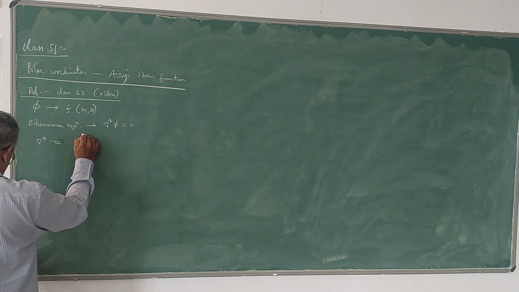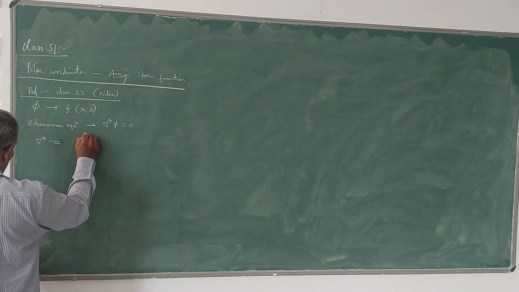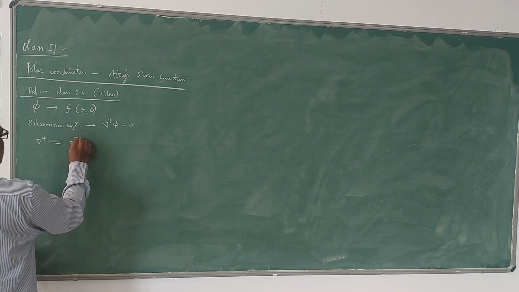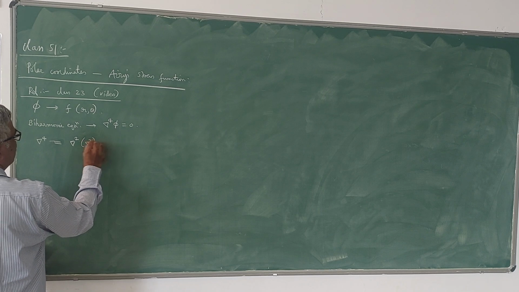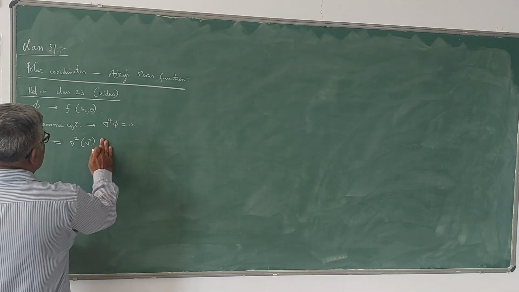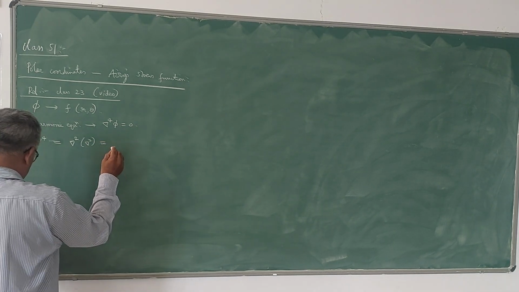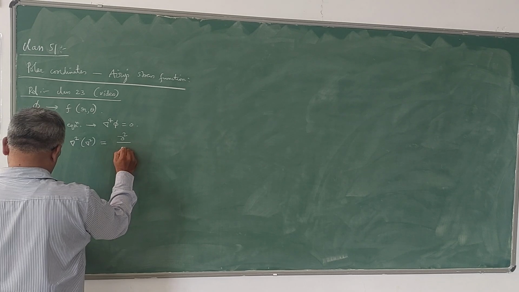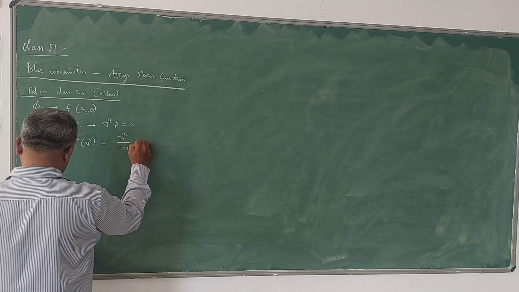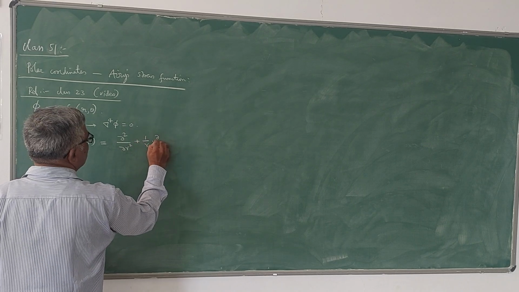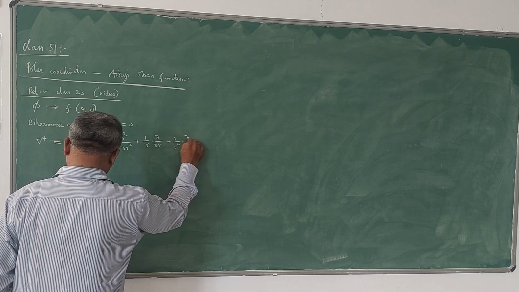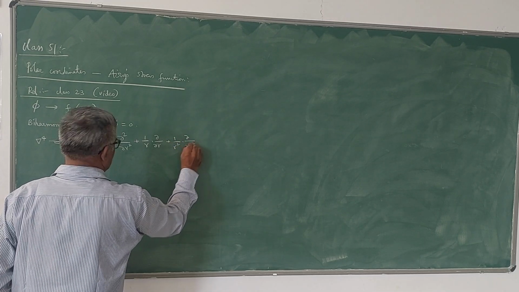This is dou power 4, or I can write this as dou square of del square of del square. So del power 4 can be written like this. Here del square is nothing but dou square by dou r square plus 1 by r into dou by dou r plus 1 by r square into dou by dou theta square.